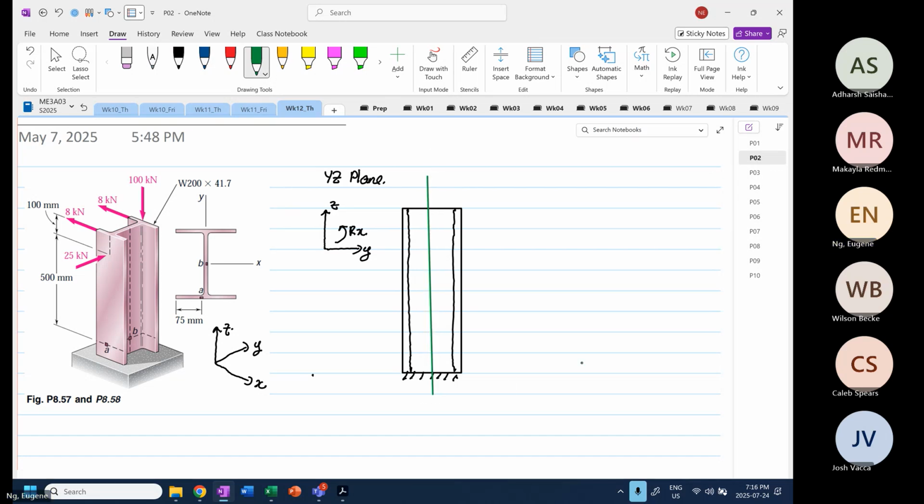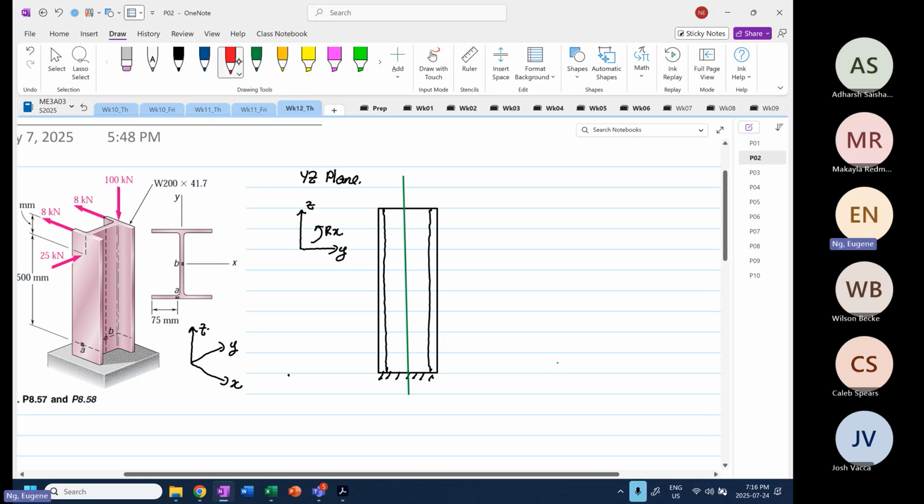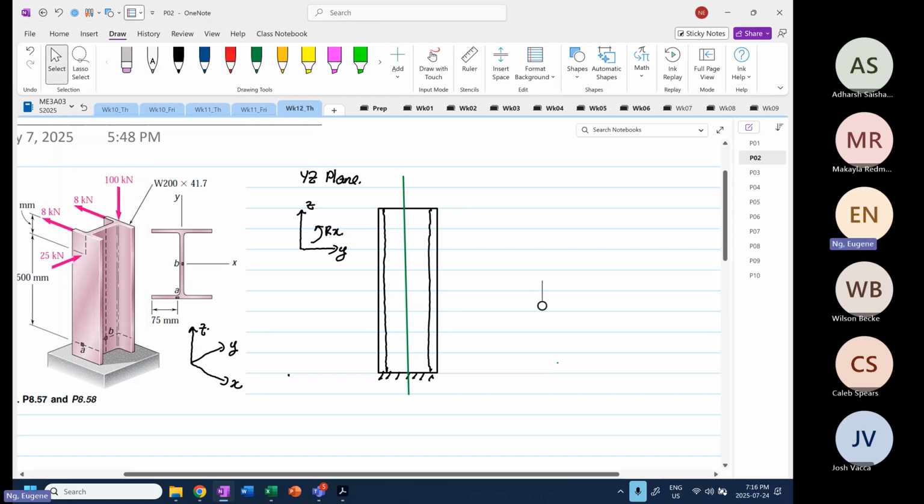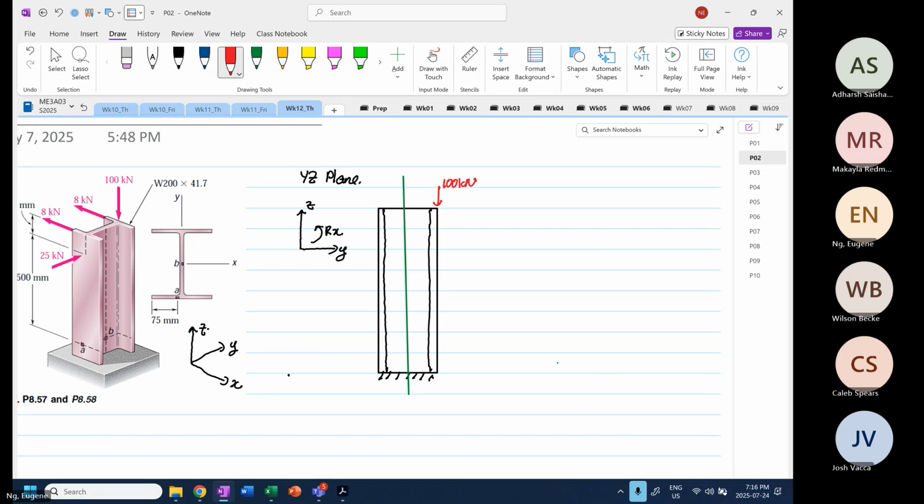Then we put in our load. So over here, this is our 100 kilonewton. And then we have our 25 kilonewton. And then we have forces. This is 8 kilonewton.